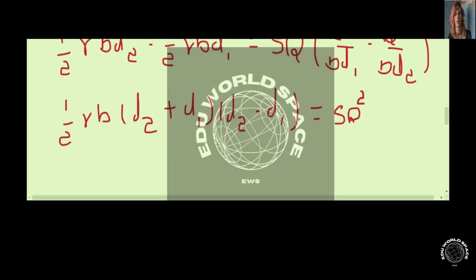Okay, by simplifying this equation I will get the final one as 1 half gamma B, I'm taking this B common, D2 plus D1 into D2 minus D1 is equal to rho Q square times D2 minus D1 upon B D1 D2.